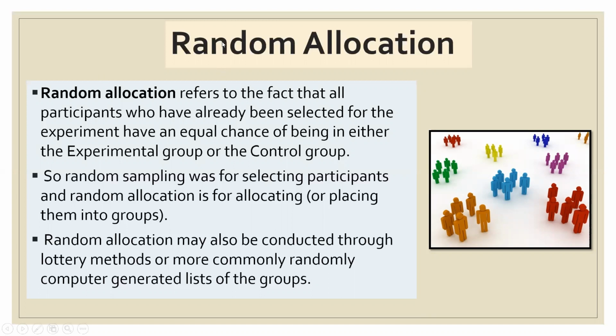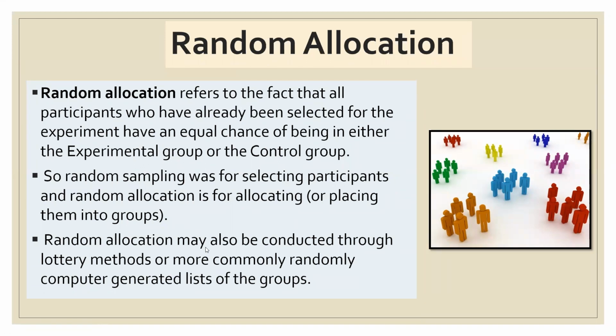Because we have the word random in this topic, it is an allocation method where we divide participants into the experimental or control group, and each participant has an equal chance of being in either group. Random sampling was for selecting our participants to be in the study in the first place. Random allocation is, okay, our participants are in the study now, and we've got to allocate them or place them into their respective groups.